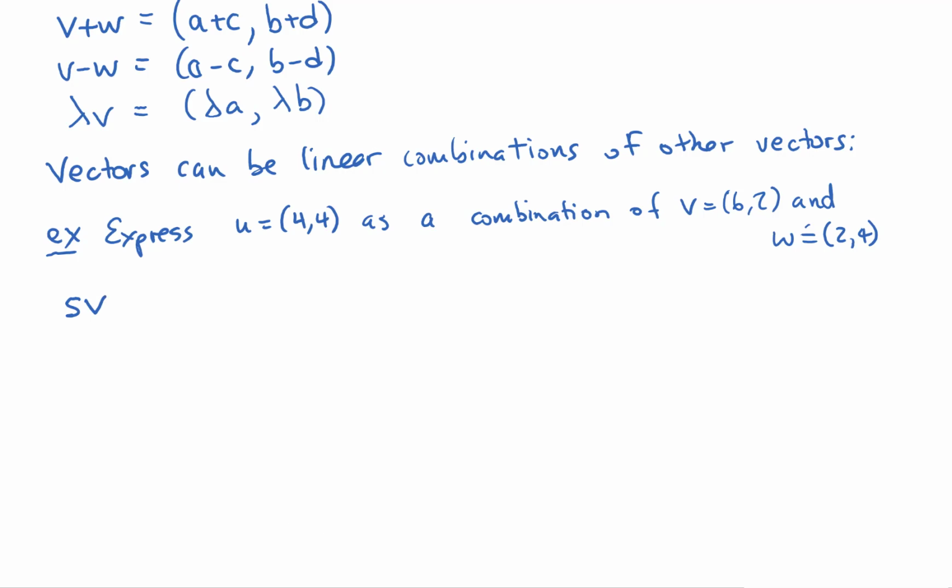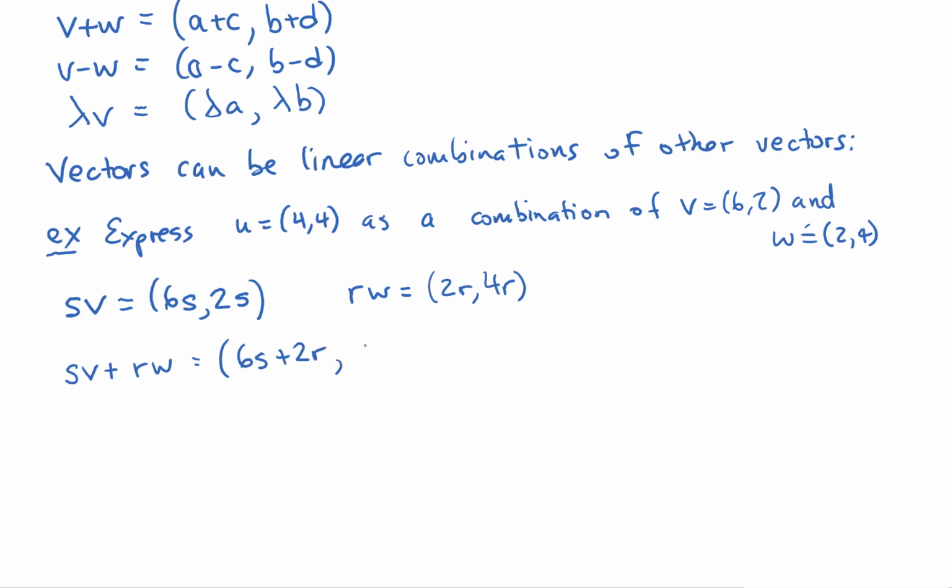And so really it will instead look like 6S and 2S. And we'll apply another scalar, we'll call it R, to W. And so this will look like 2R and 4R. And when I add these two vectors together now, I will get 6S plus 2R for the x value, and 2S plus 4R for the y value.